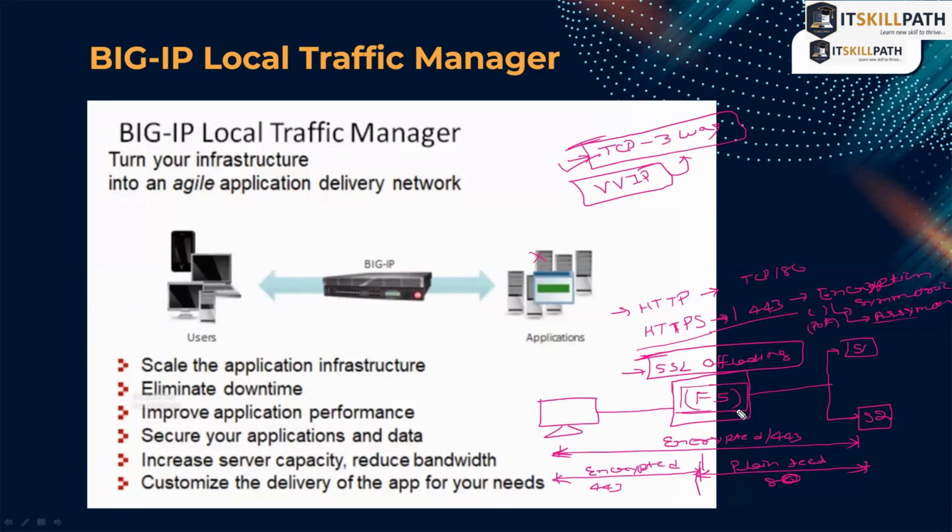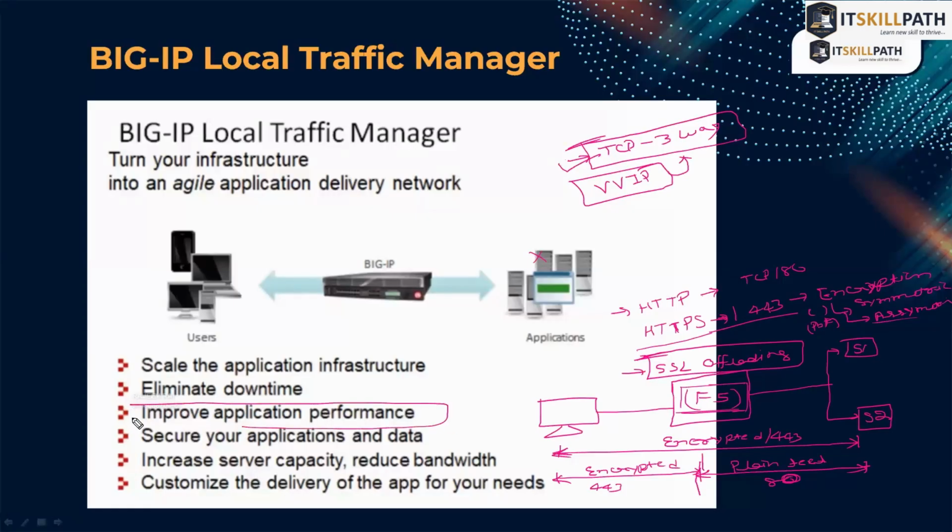Since we know our data center is secure, and we want to enhance the performance of our backend server, we can do SSL offloading. We decrypt the packet here and send plain text communication to the backend server. I'll cover how we do it in the lab, but it's clear what SSL offloading is. That's how, using F5, we are enhancing the performance of the application.